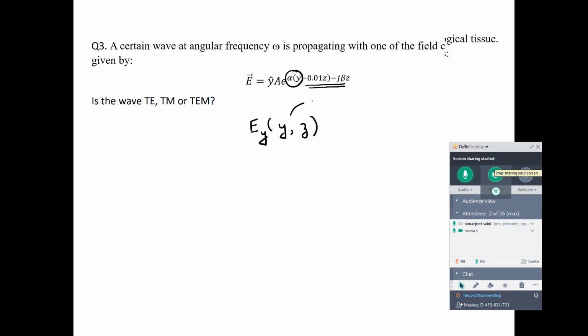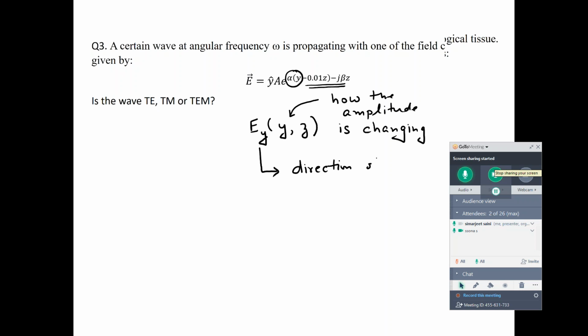Again, remember the arguments we put within the brackets is how the amplitude is changing. And the subscript we put below is the direction of the vector. Which component are we talking about?